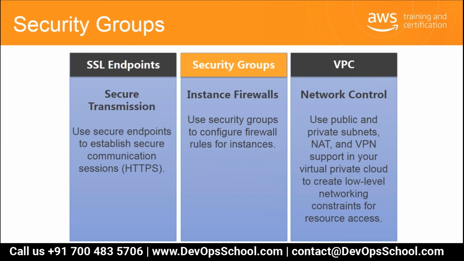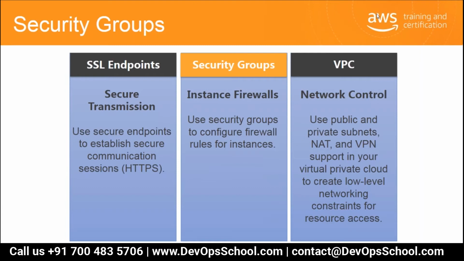You can configure firewalls based on port numbers and IP addresses, and where the traffic should come from. Security groups can be associated with AWS EC2 instances as well as Amazon RDS, Redshift. Other services can also use security groups.